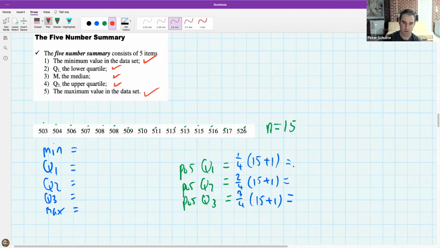See if you agree with my positions. Now, the positions are not the value, they're just the position. How can you find the actual value of Q1, Q2, Q3, and so on?